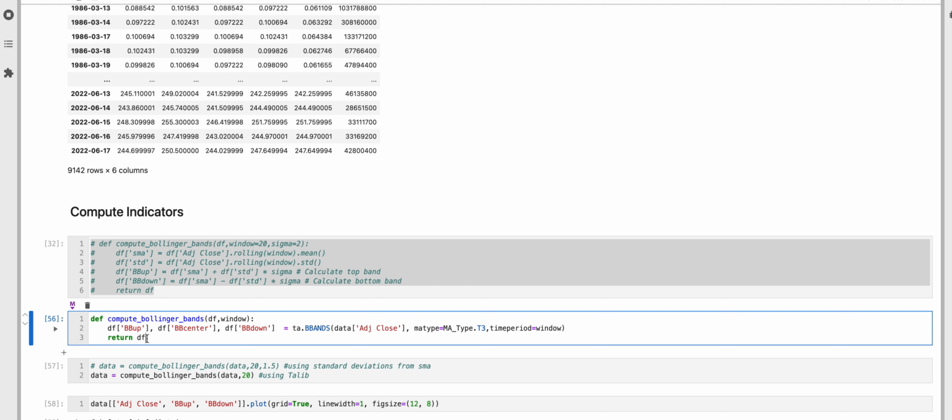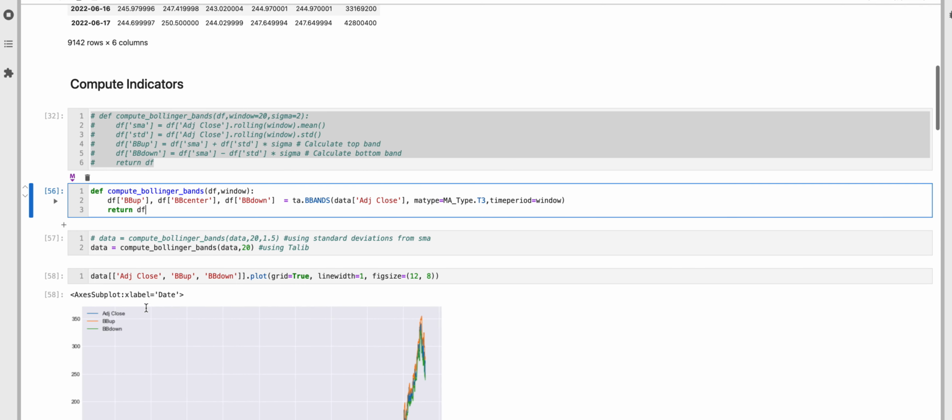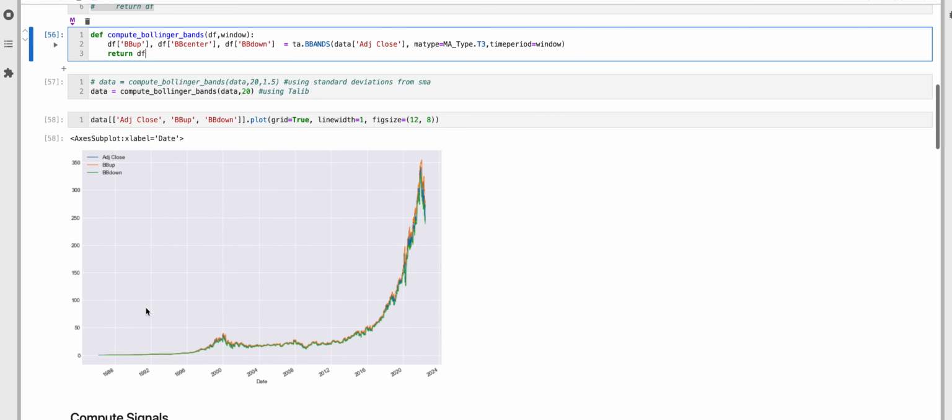I've tried both of them and they give similar results. So this is a visualization of the Bollinger Band for a period of 20 days.